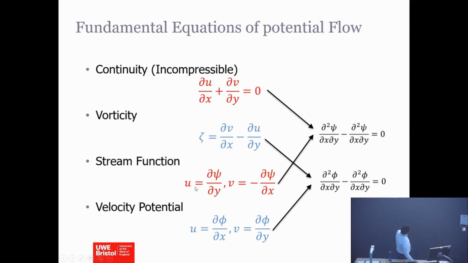If you combine that with the stream function, you end up with this equation, which satisfies Laplace's equation. If you take the vorticity definition, and we know vorticity must be 0 in a potential flow, you combine it with the velocity potential, then you find that out of these two, you also get a Laplace equation. So they're all consistent. The velocity potential is consistent with vorticity, and the continuity equation is consistent with the stream function.